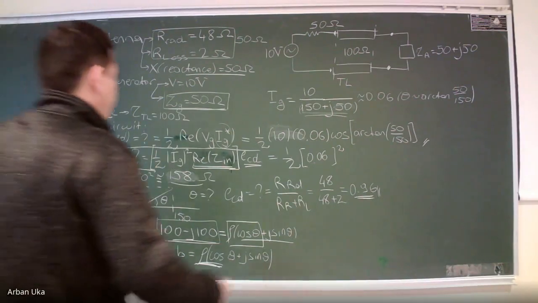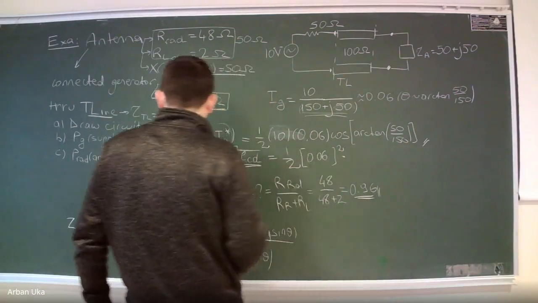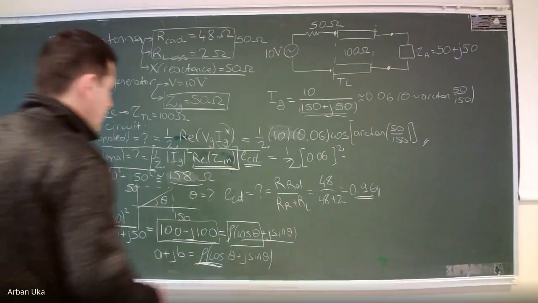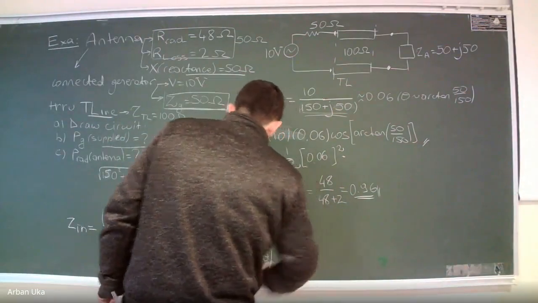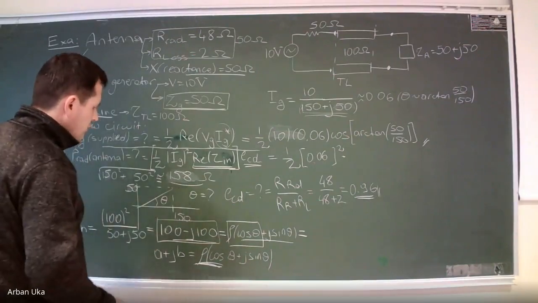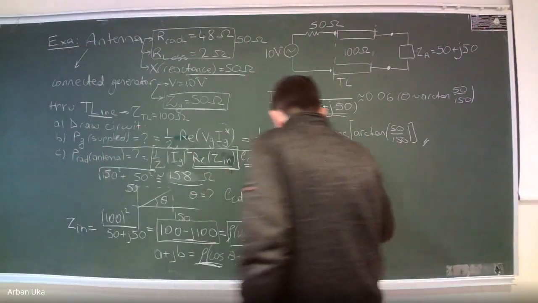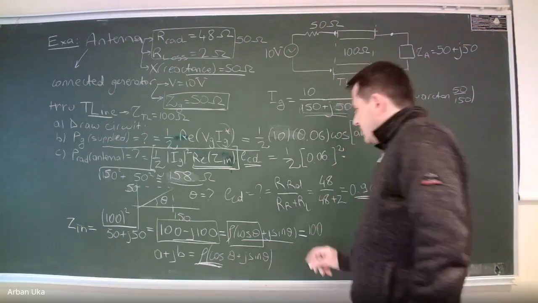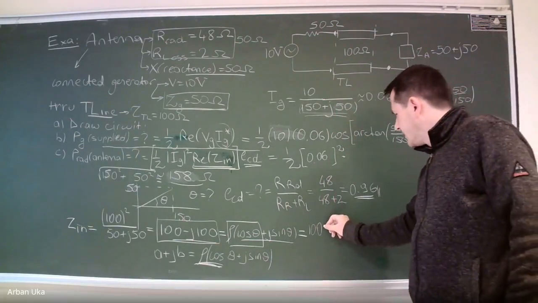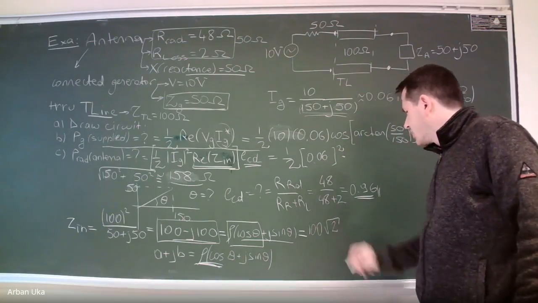Okay, then we have 1/2 times the real part of the Zin. In fact, in this case, the magnitude of this Zin is equal to 100 times square root of 2. So a few terms will cancel out here, because we'll have that 100 times square root of 2.